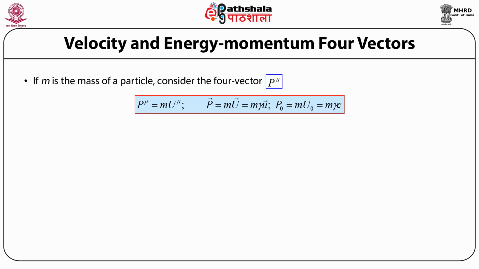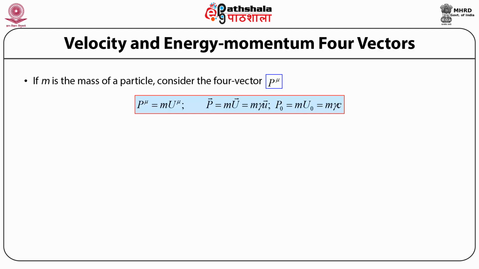So again, from the different components that we can get from this equation, that is taking mu equal to 0, 1, 2 and 3 for the 4 different components, we get the result that the momentum vector p is equal to m times the velocity vector U, and this is equal to m times gamma times the velocity vector small u, where the velocity vector small u is the velocity of the particle.